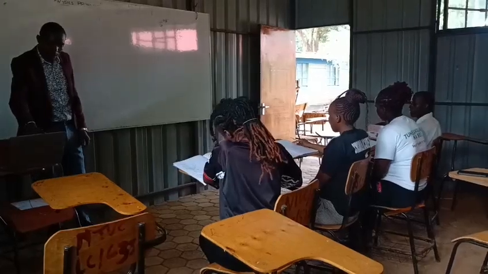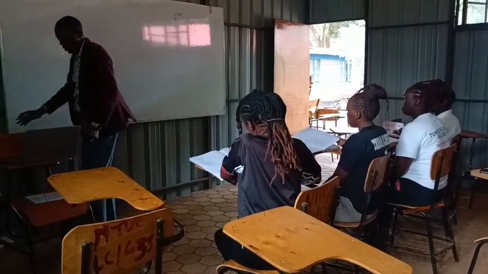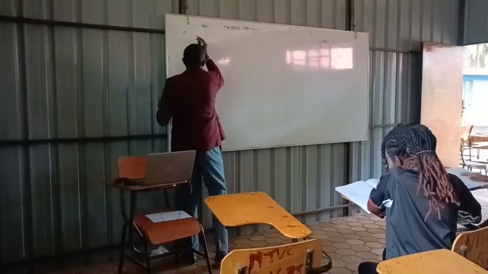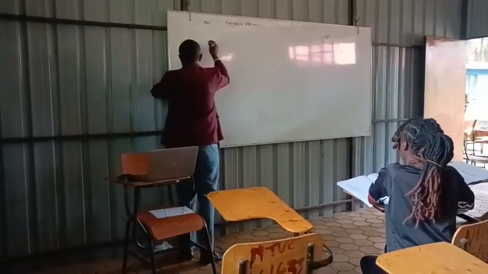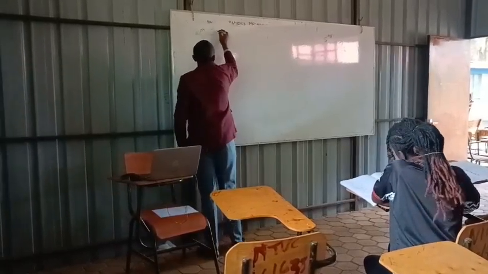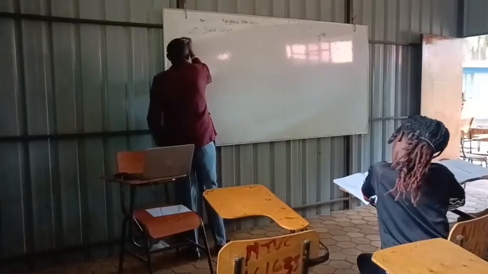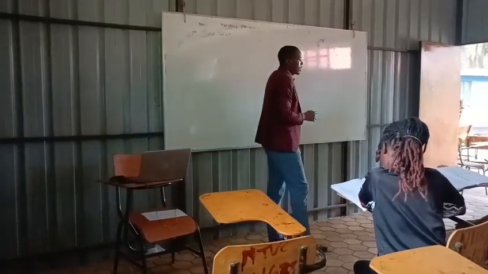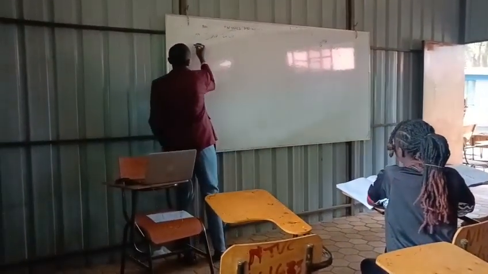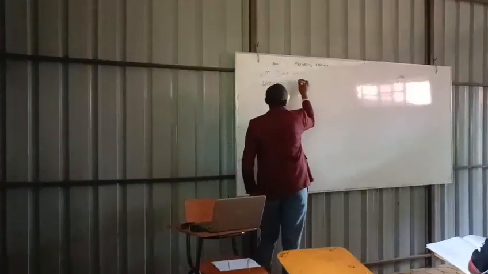So today we are going to learn about assets, liabilities, and the accounting equation. By learning this, at the end of the lesson, the learning outcomes will be you'll be able to understand the meaning of assets.